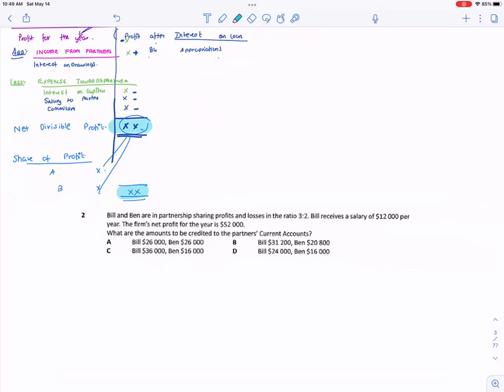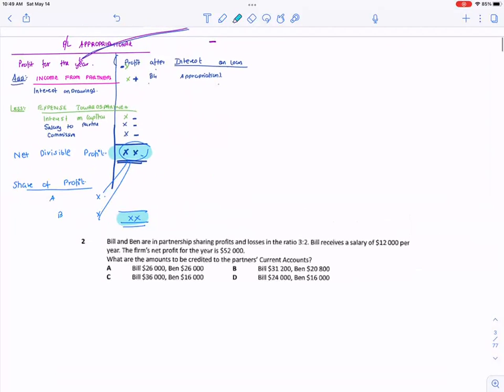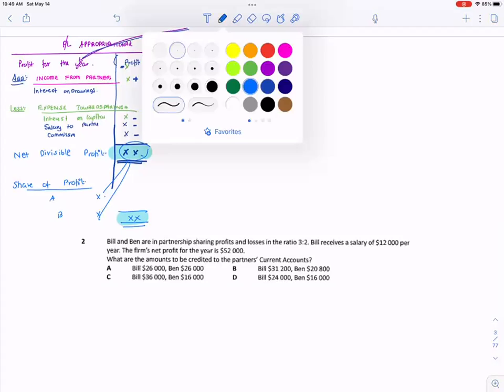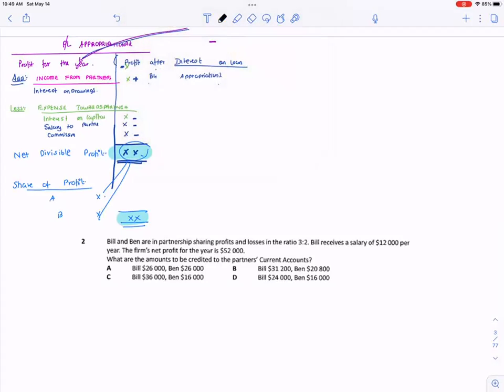For the share of A and B, they will give us the percentage, the sharing ratio. Okay? So the format of profit and loss appropriation account, can you all tell me?